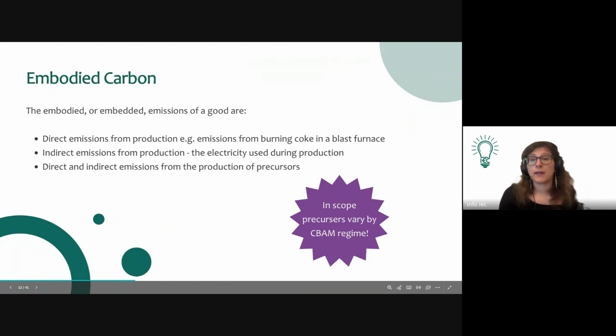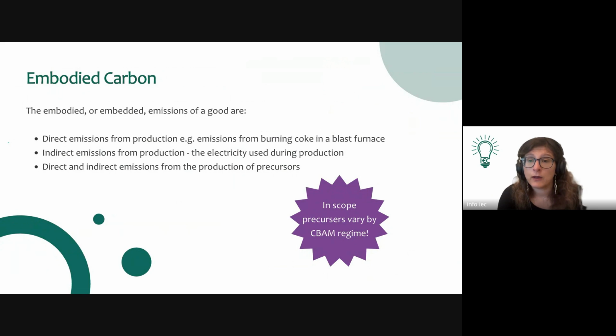So in our example of steel production, you might have coke as the direct emission from the blast furnace, but then you might be using electricity to cut and package the steel, and that would all count as the indirect emission. And then, interestingly, the direct and indirect emissions from any in-scope precursors.